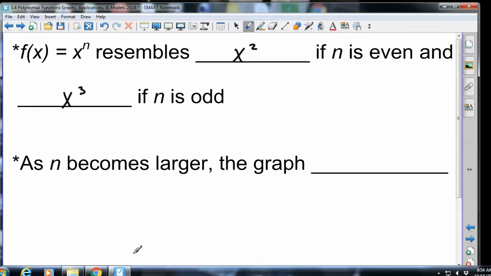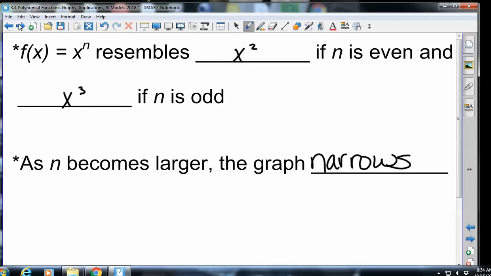It gets skinnier. It becomes more narrow. So our graph narrows as the exponent goes up.